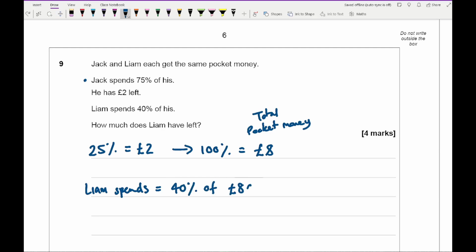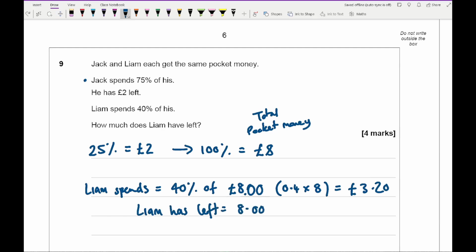To work that out, all I need to do is 0.4 times 8, which equals £3.20. So then Liam has left, I just need to subtract £3.20 from £8, which leaves a total of £4.80.